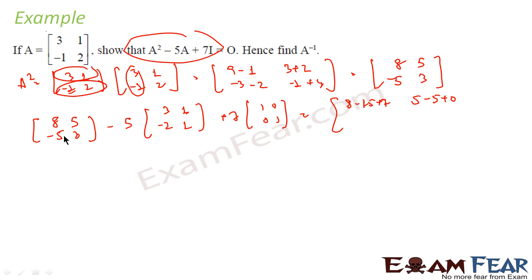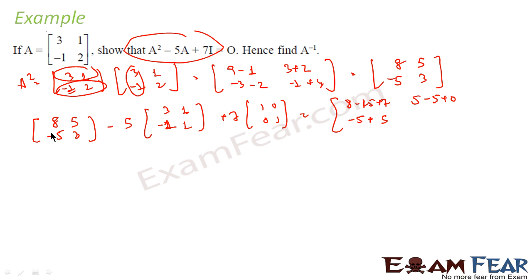The third element is minus 5 plus 5. The next is minus 1, minus 5 plus 5.